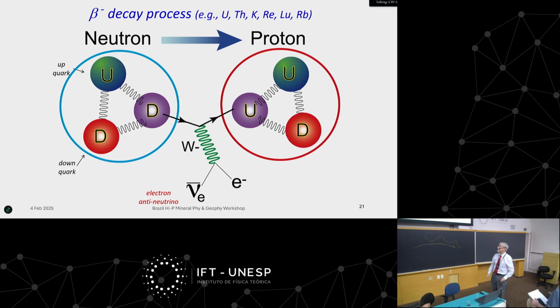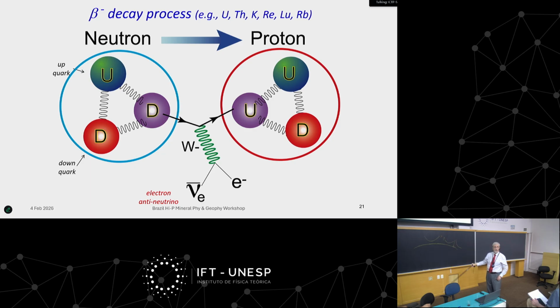Next slide, please. How does a neutrino or antineutrino in the Earth get generated? Well, when you change a neutron into a proton, as in beta minus decay, rubidium-87 decays to strontium-87, what you're doing is increasing the atomic number. You actually change a down quark to an up quark.